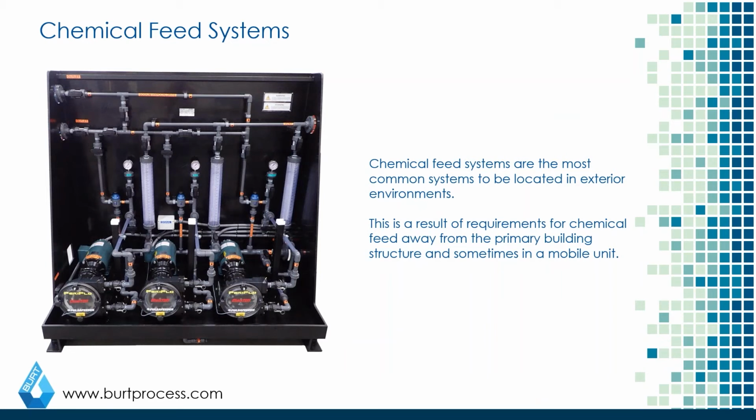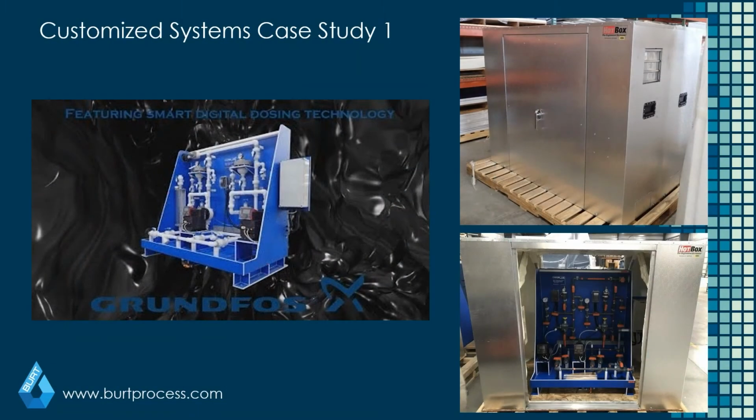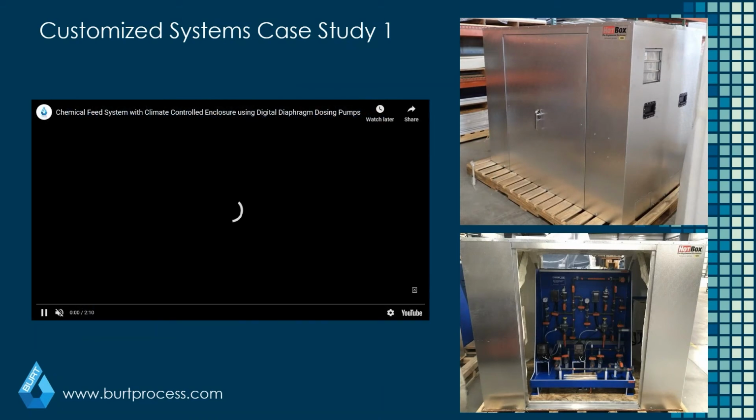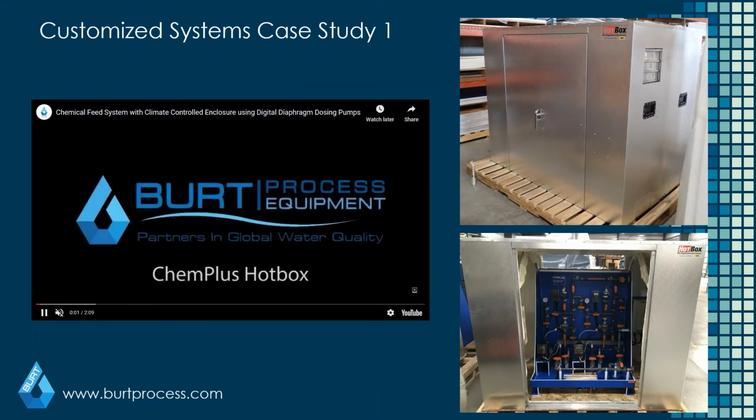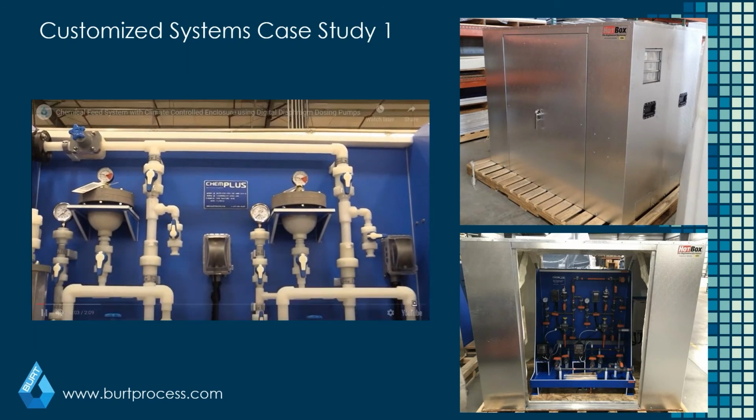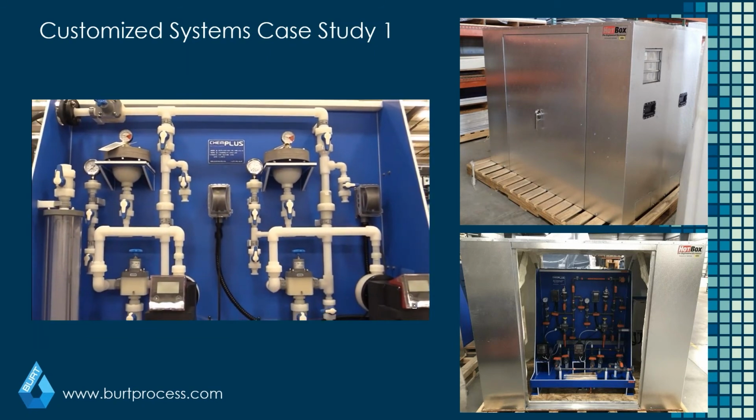They often have to be utilized to pump into specific points in the process, which isn't always practical when it comes to building a large outside building or structure. It's often beneficial to build them in more of a modular containerized design. One of the simplest forms of a containerized design is a chemical hotbox enclosure.